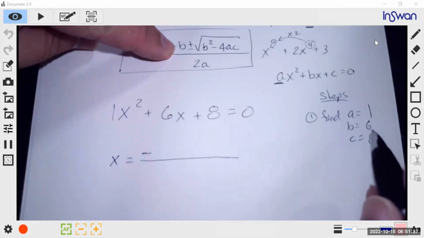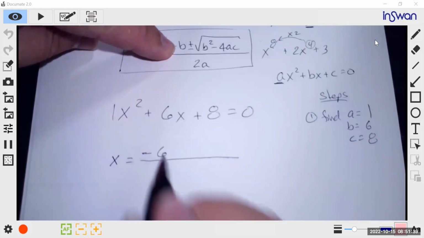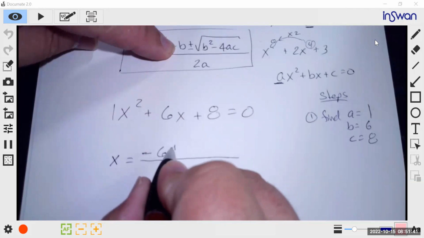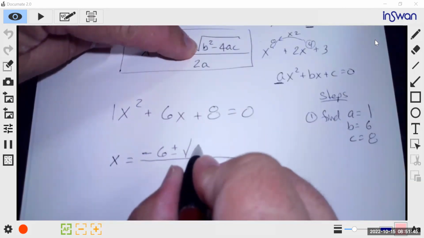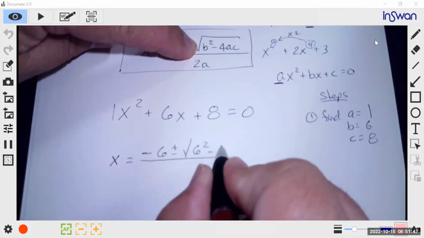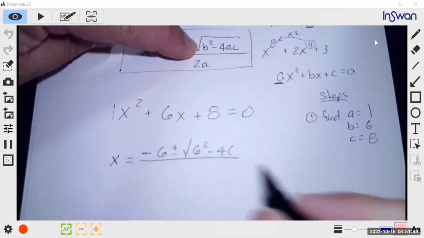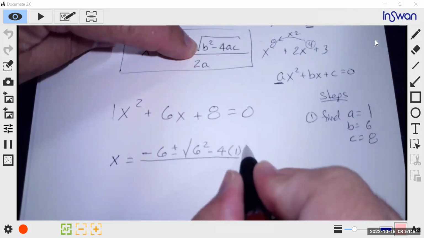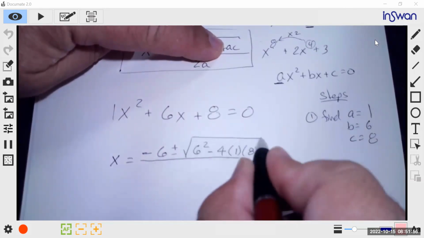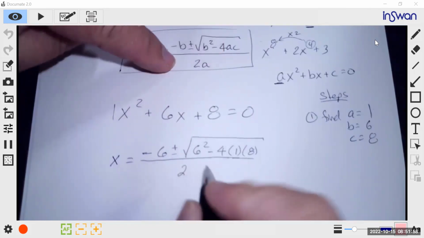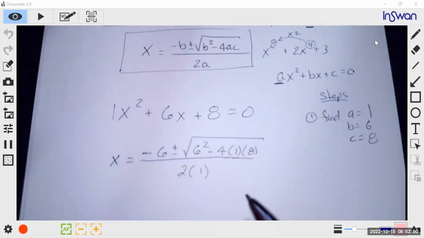What's B? 6, plus or minus the square root of B, which is 6 squared, minus 4 times A. A is 1 and C is 8. Just plug them in there. Over 2 times A. A is 1.